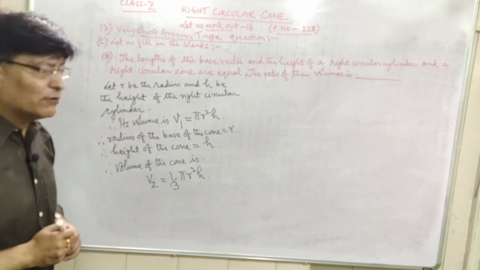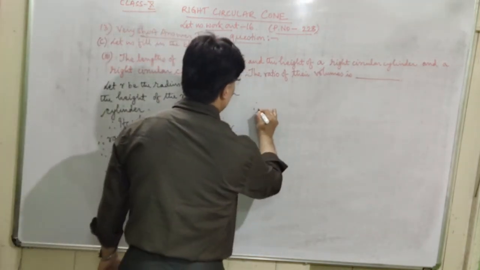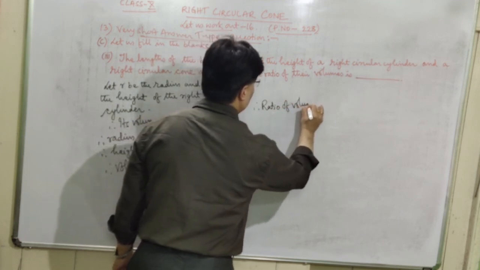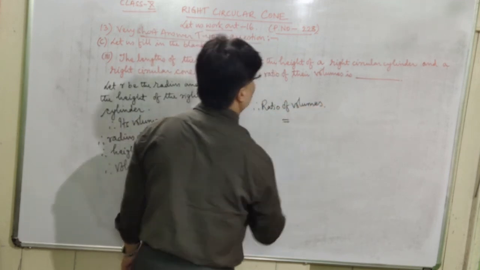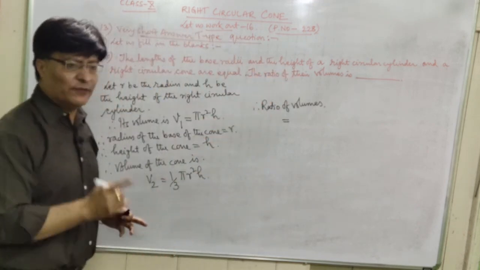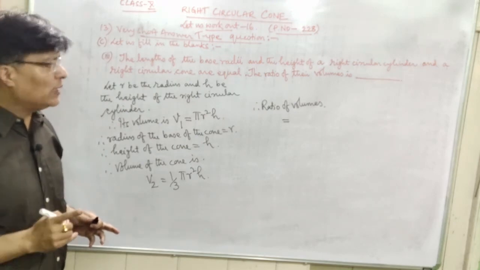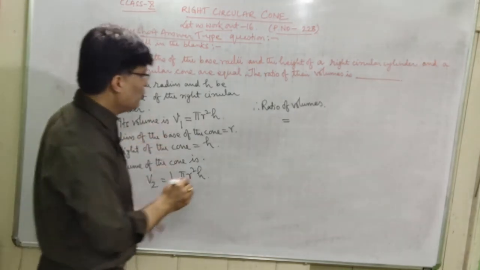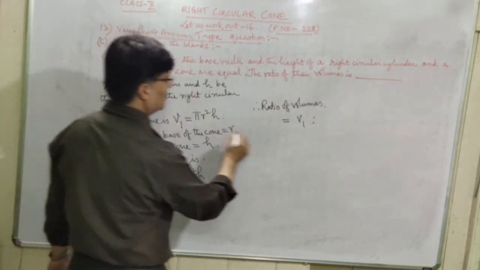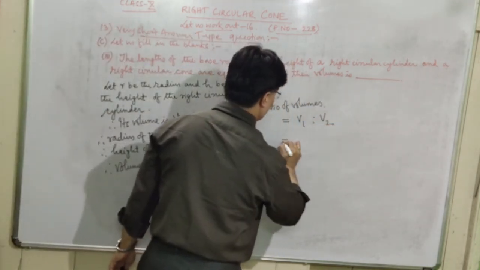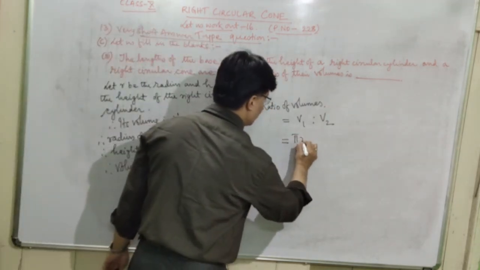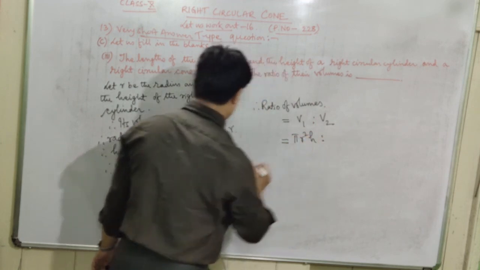Now let us find out their ratio. So therefore, the ratio of volumes is equal to, now first of all, in the question the cylinder is given first. So you have to write down the volume of the cylinder first. That is V1 is to V2, which is equal to, what is V1 here? V1 is pi r square H, is to, what is V2?